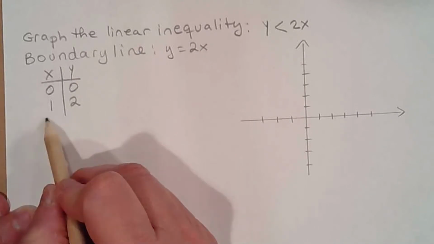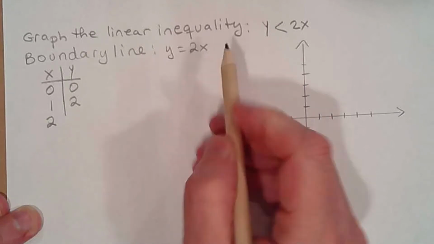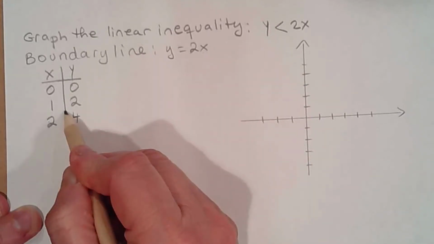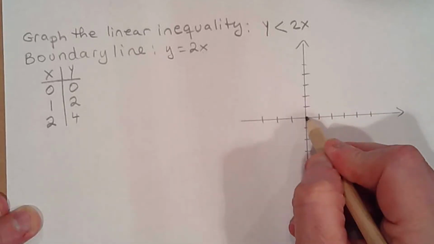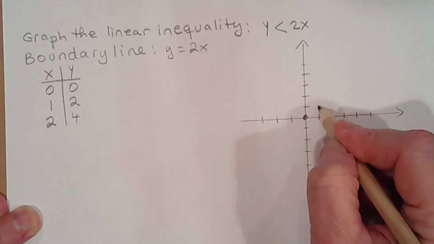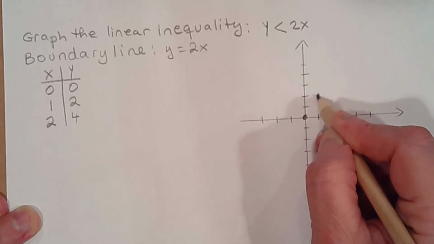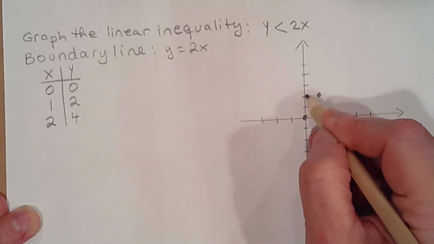And when x is 2, y equals 2 times 2, or 4. So (0, 0) is a point on the graph. (1, 2), so x is 1, y is 2, is another point, and (2, 4).